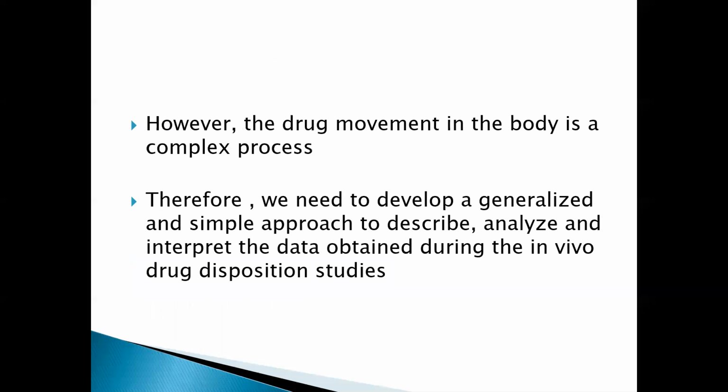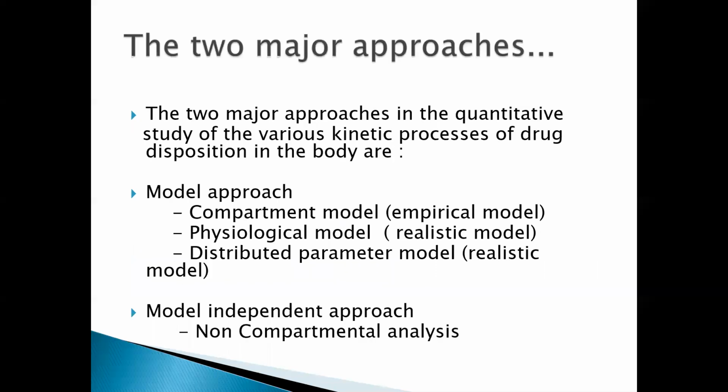To describe, analyze, and interpret the data involved in in vivo drug disposition studies, we develop a generalized and simple approach. Mainly we use two kinds of approach: one is the model-based approach, and the other is the model-independent approach. Today we have discussed the compartment model, which is an empirical model.